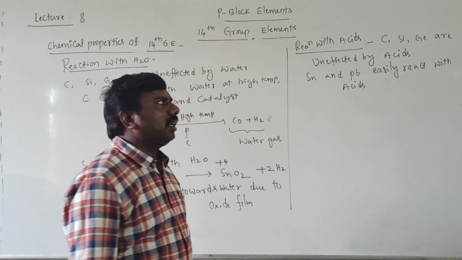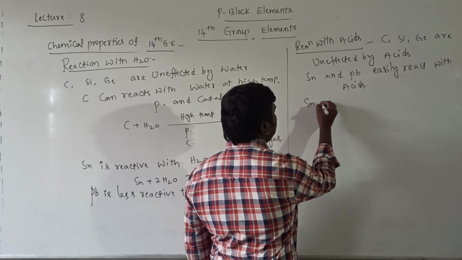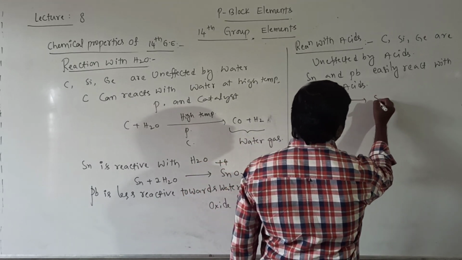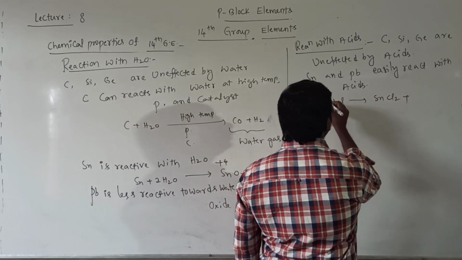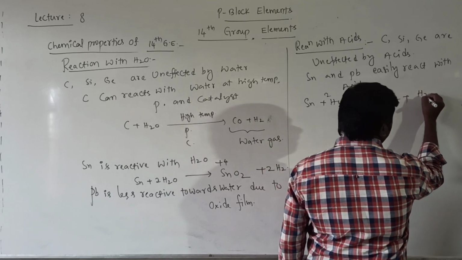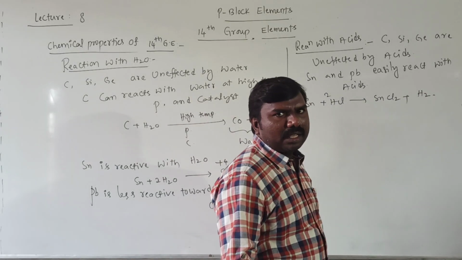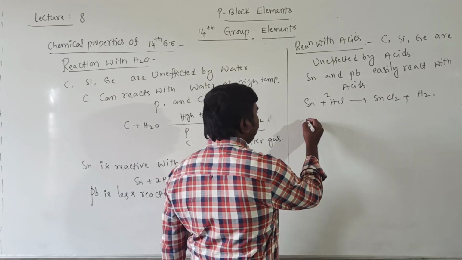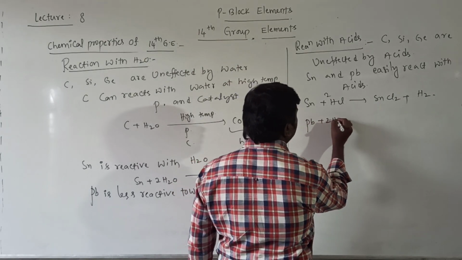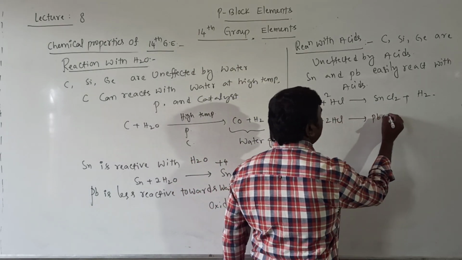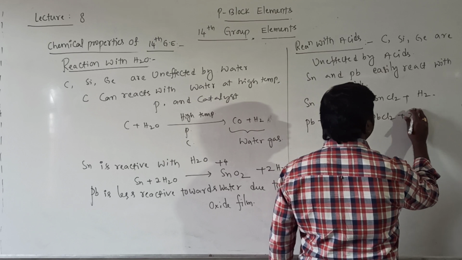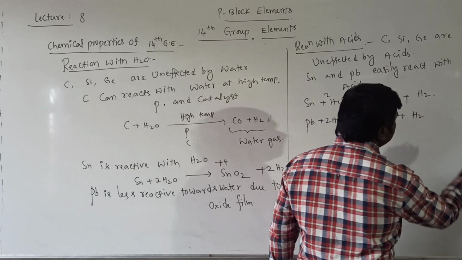Sn plus 2HCl gives rise to SnCl2 plus H2. SnCl4 also possible here. Pb plus HCl gives rise to PbCl2 plus H2 gas, hydrogen gas.